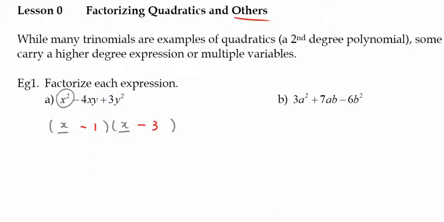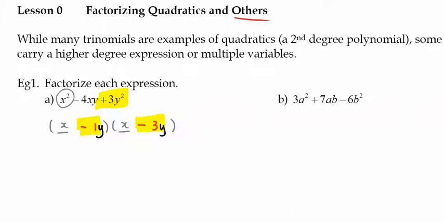Instead of just -1 and -3, we want two terms that will multiply to give us positive 3y squared. -1 times -3 will give us positive 3, but we have the y squared at the end. I want -1y and -3y at the end. The product of these two terms will now give us positive 3y squared.